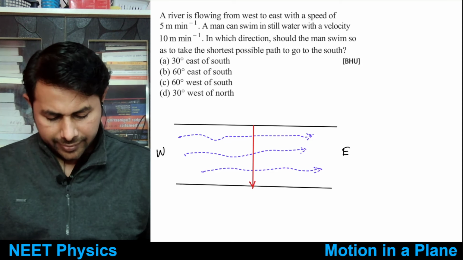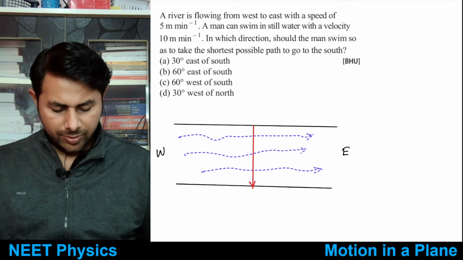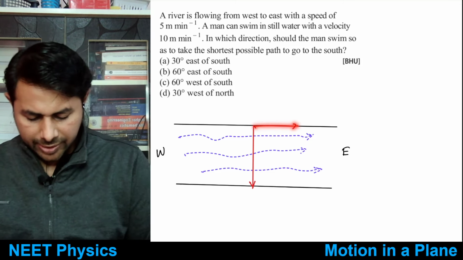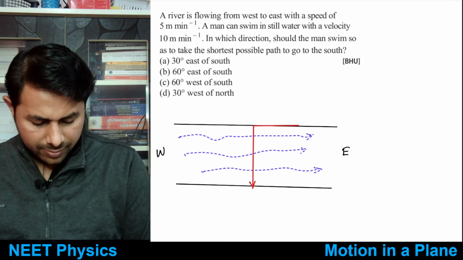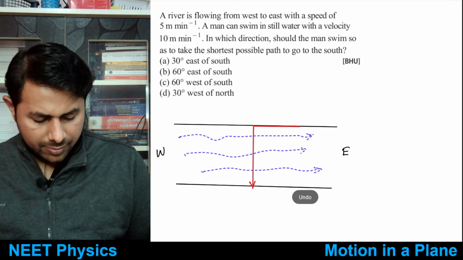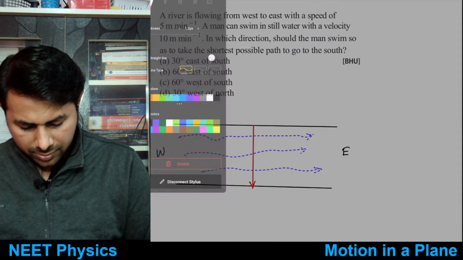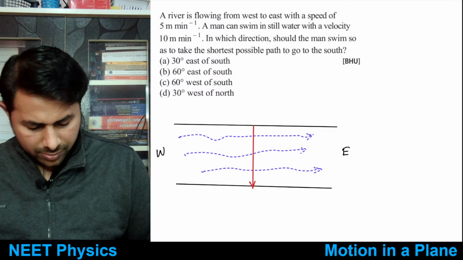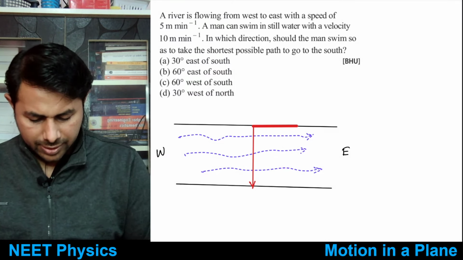Okay, so the velocity of the river is given, it's like this. Velocity of river is like this, right?